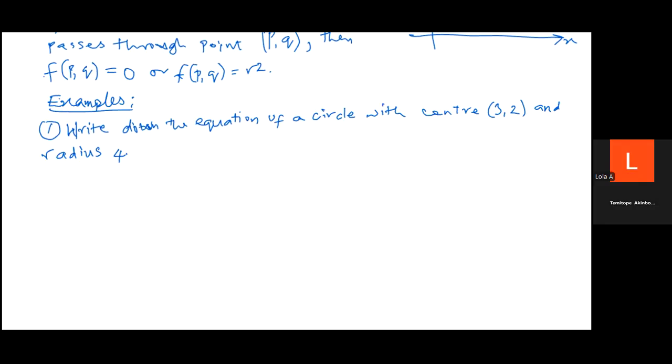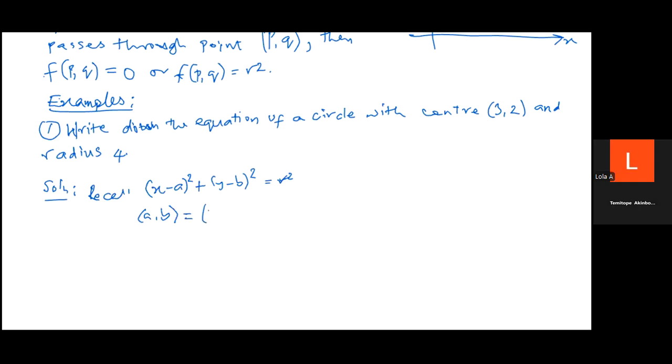Yes, finish copying the question down, sir. Okay. So solution. You recall the equation of the circle: (x − a)² + (y − b)² = r². Don't forget that (a, b) is the center, and we have been given the center in the question to be (3, 2).